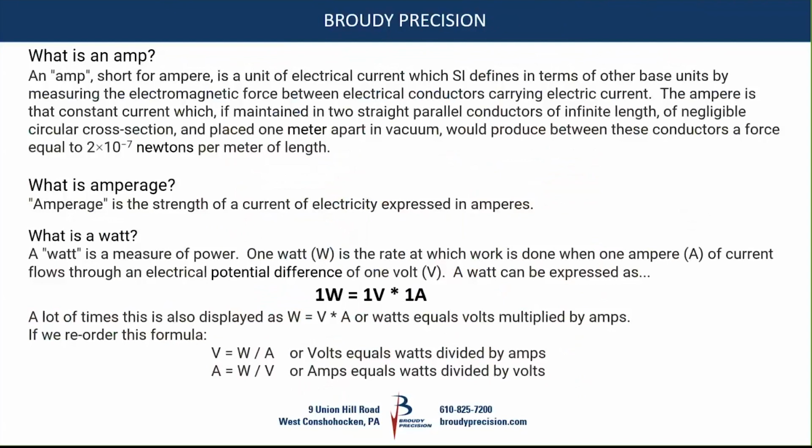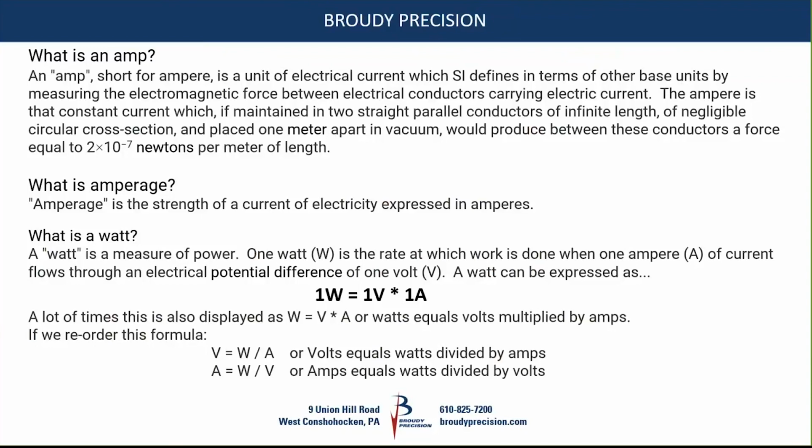I can read this to you, but basically, an amp, short for ampere, is a unit of electrical current, which the international standards define in terms of other base units by measuring the electromagnetic force between electrical conductors carrying electrical current. A lot of this is defined here on the slides, and it's good reference material to go back to.